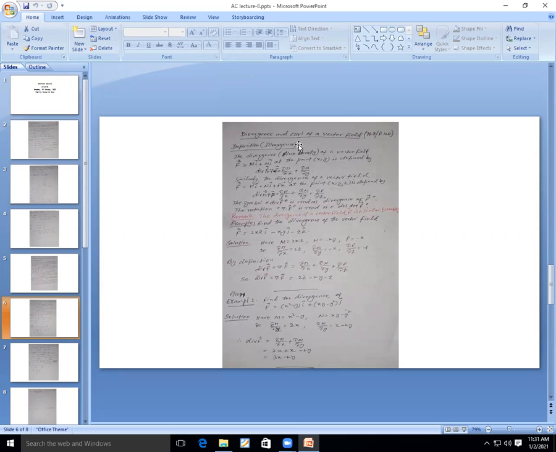First we define the divergence of a vector field. The divergence of a vector field is a scalar quantity, as you will see by definition.